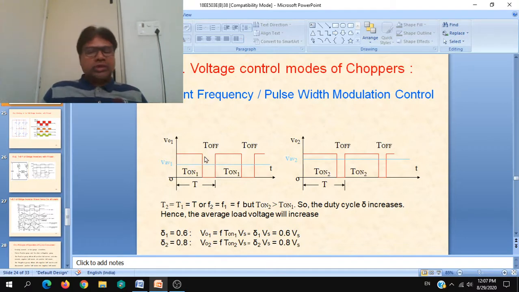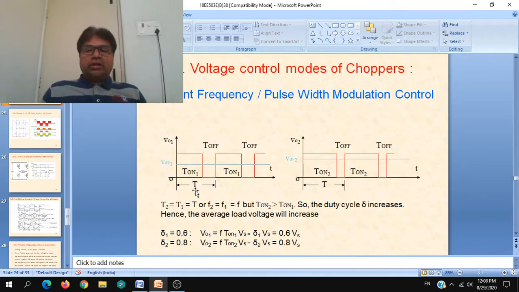You can do both, just similar to the case of frequency modulation, but for most of the cases it is not required. As you are increasing or decreasing the turn on time and keeping the time period constant, turn off time will also vary automatically, so it is one and only the same.